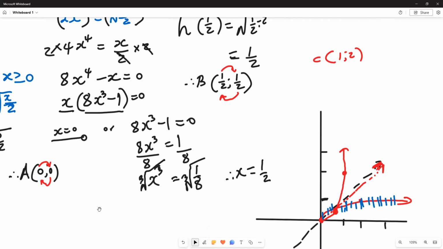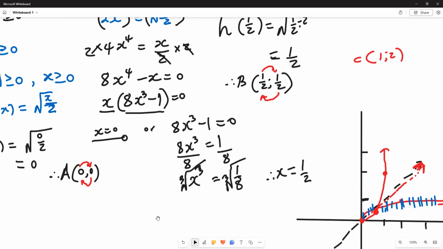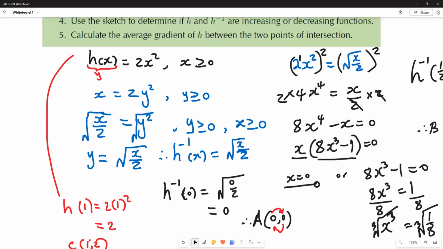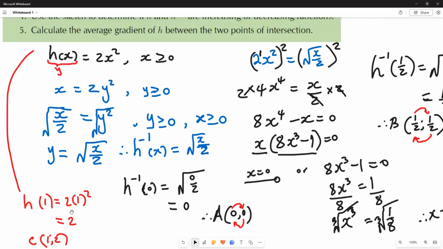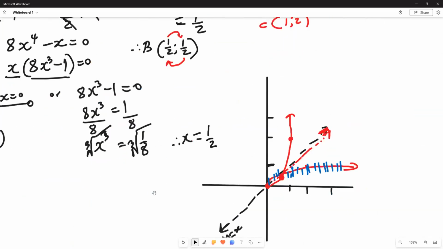Okay. And now let's check. They say use the sketch to determine if h and its inverse are increasing or decreasing. You just check the function. To check if a graph is increasing or decreasing, you always look at what happens as you move from left to right. As we move from here, going there, what is happening to this graph?